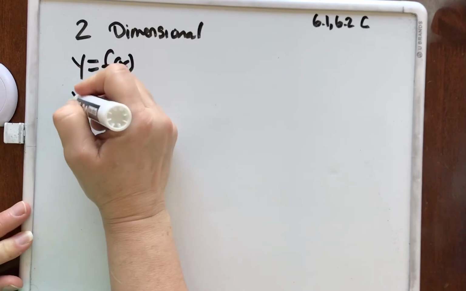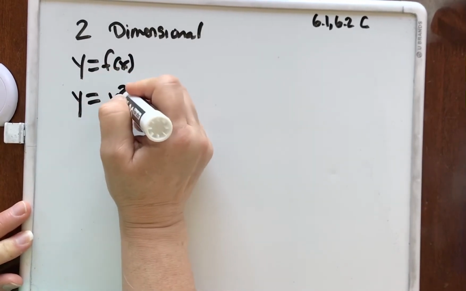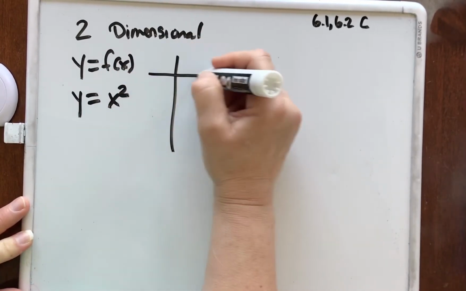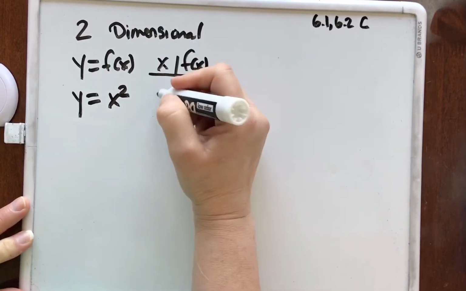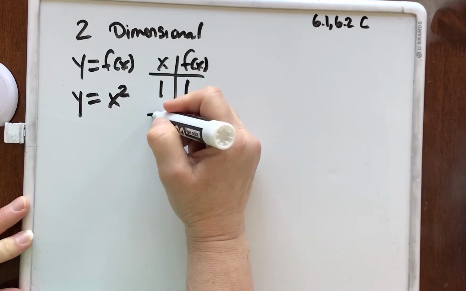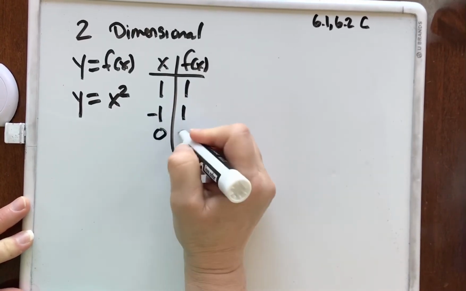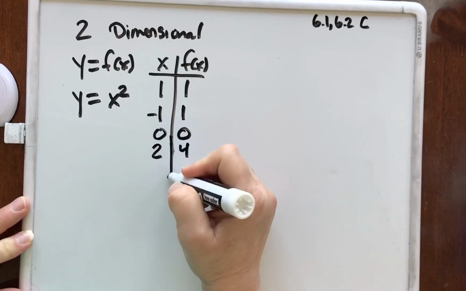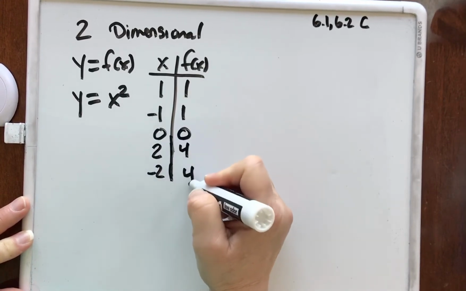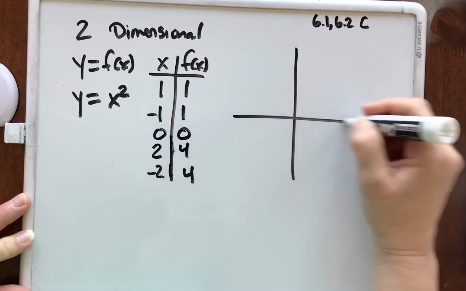In this example, y is going to equal x squared. So to graph y equals x squared, we have x, f of x. We put in a 1, we get 1. We put in a -1, we get 1. We put 0, 0. We put 2, we get 4. We put a -2, and we also get 4. And so we graph our graph.